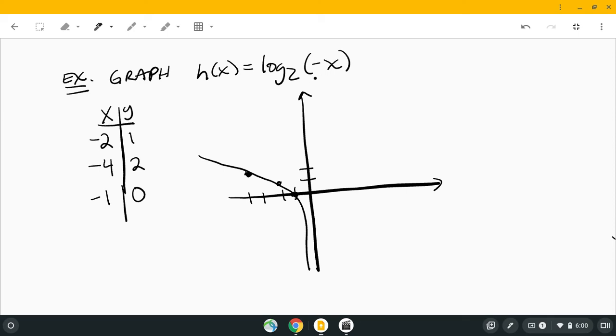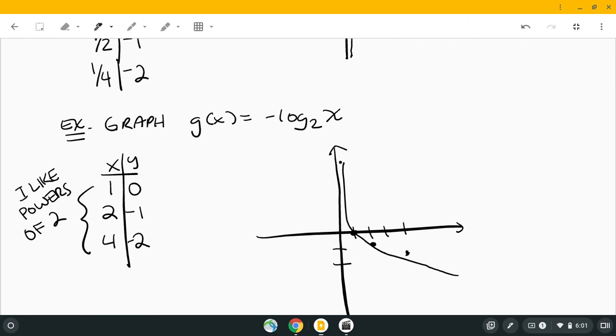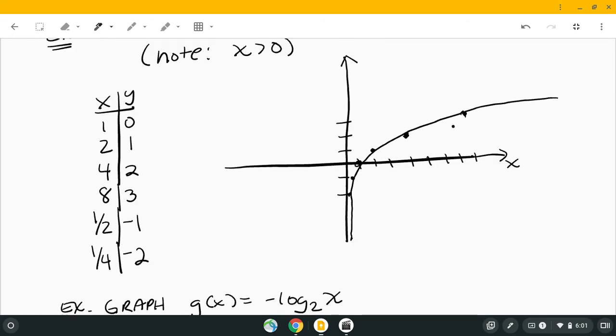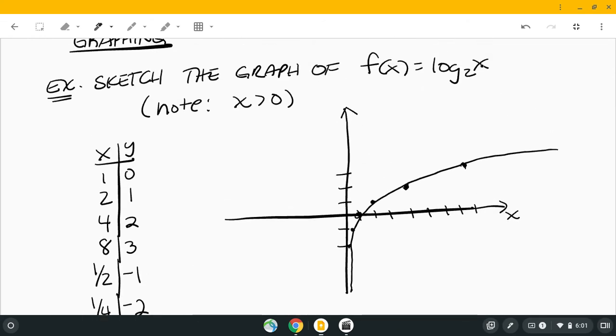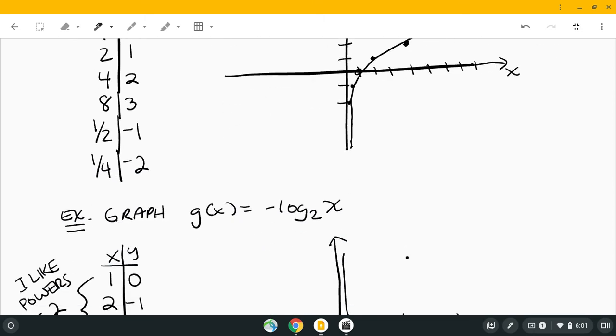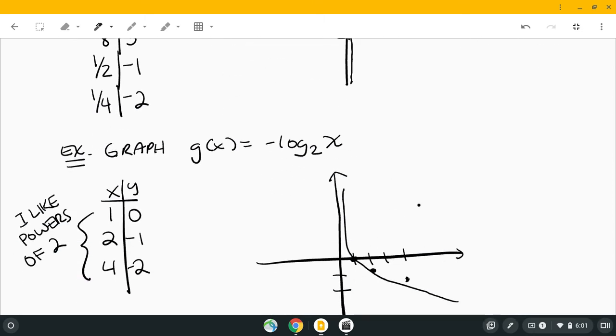Which we would expect since we're multiplying the x by a negative, which reflects it over the y-axis. And I'm talking about the original one. This is a parent function, so if I multiply the function by a negative, it reflects over the x-axis, which it does.